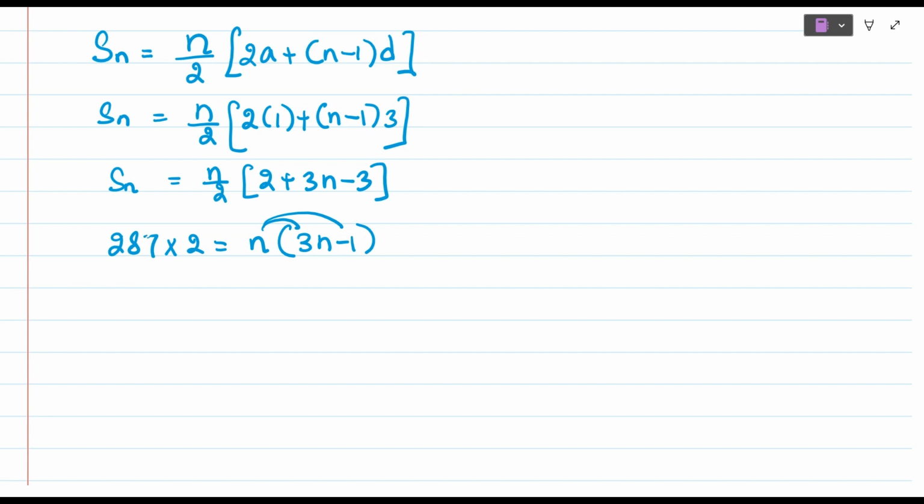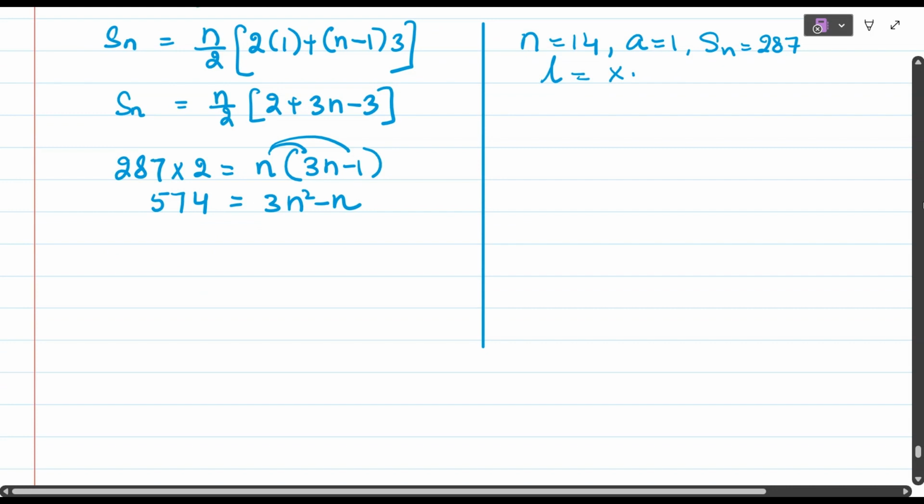After multiplying, how much will you get? 574 is equal to 3n square minus n. This means 3n square minus n minus 574 is equal to 0. So this is our quadratic equation.